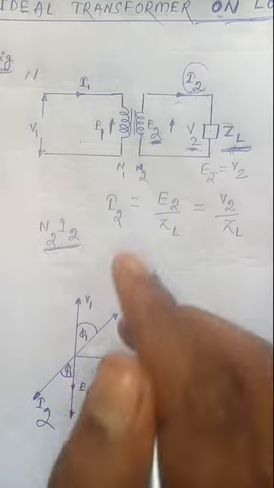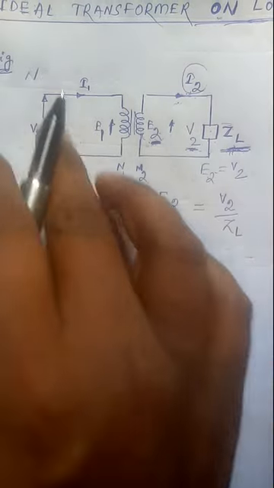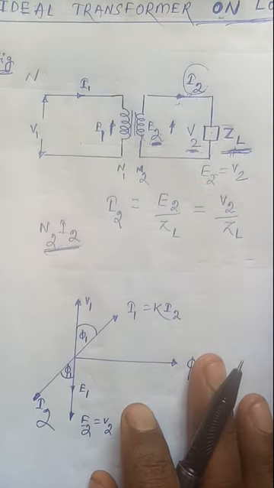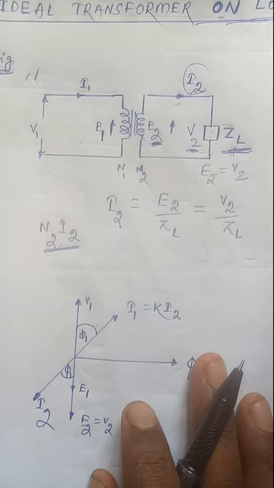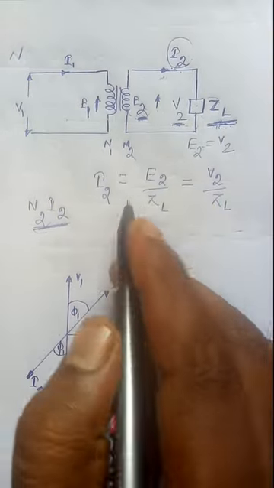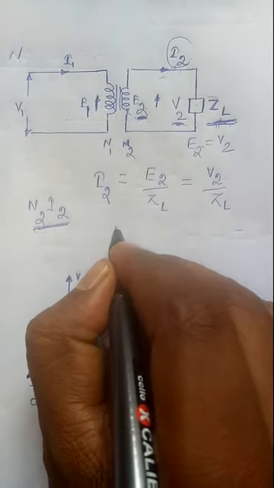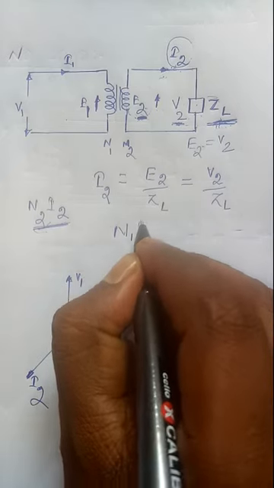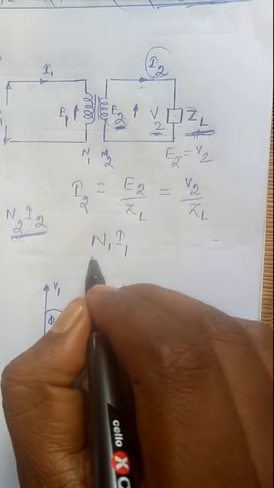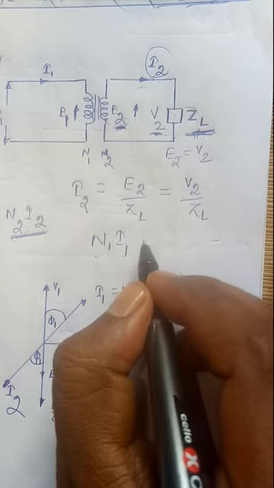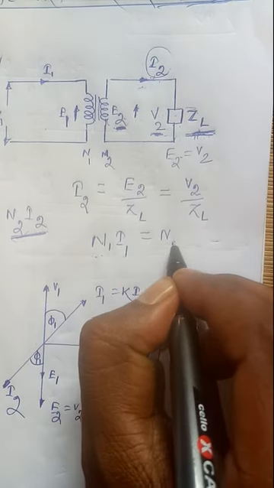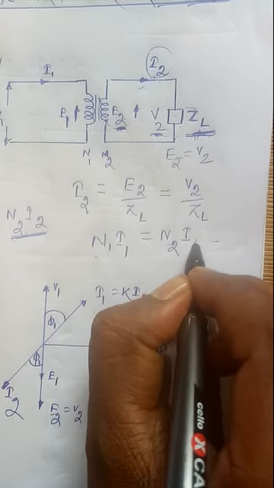However, the transformer always operates on constant flux. So what will happen to compensate this? To compensate this, the primary MMF, the product of the number of turns on the primary side and the primary current, N1 I1, will be equal to the number of turns on the secondary side times the secondary current, N2 I2.